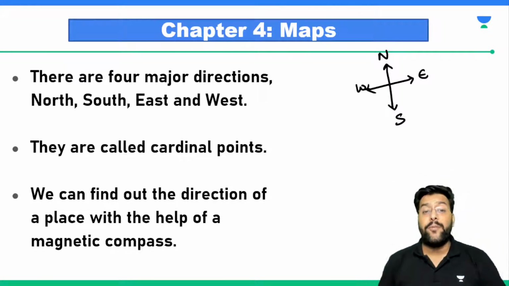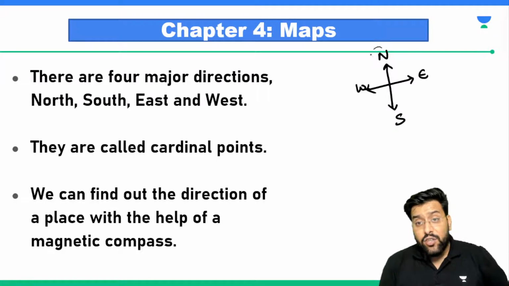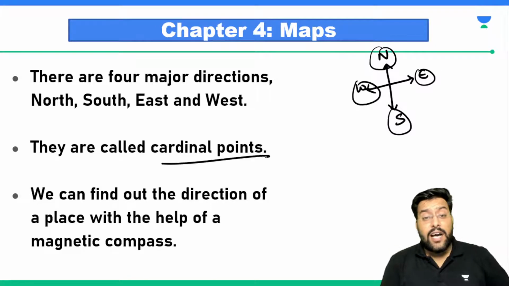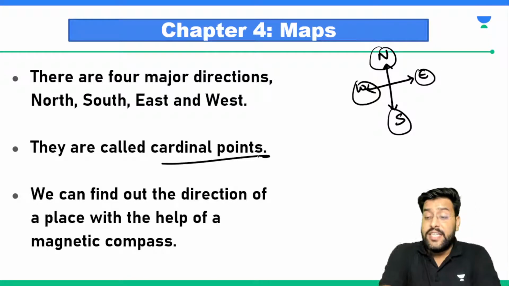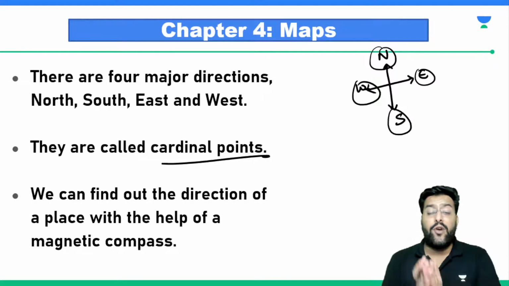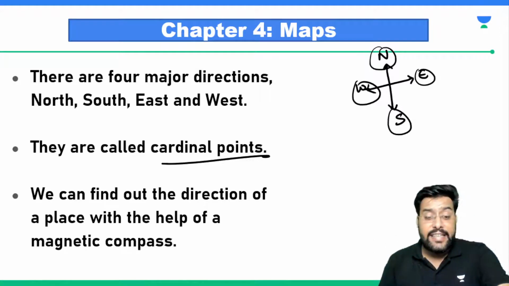So we have 4 major directions, that is north, south, east and west, and we call them cardinal points. Anywhere if you see this term cardinal point, you need not worry about what it is. Cardinal points are nothing but the 4 directions.